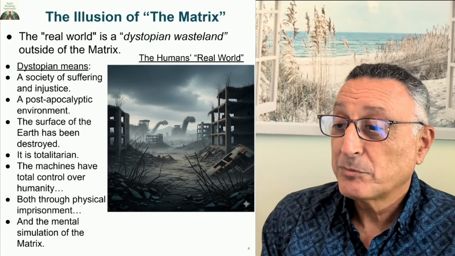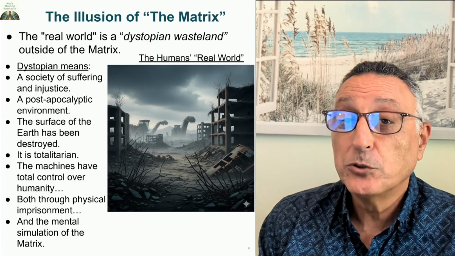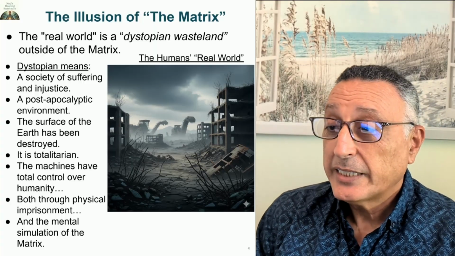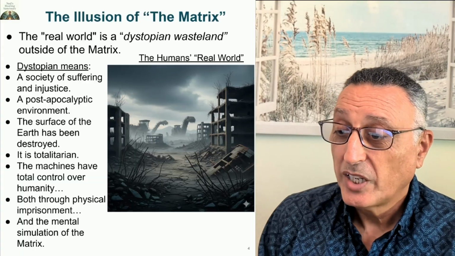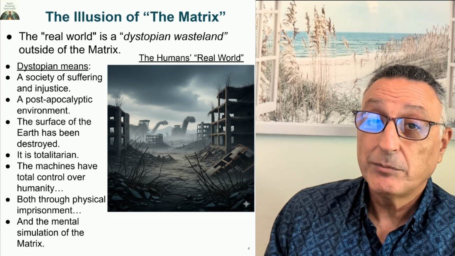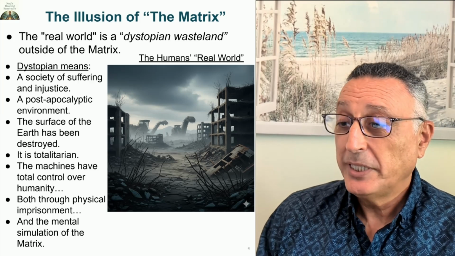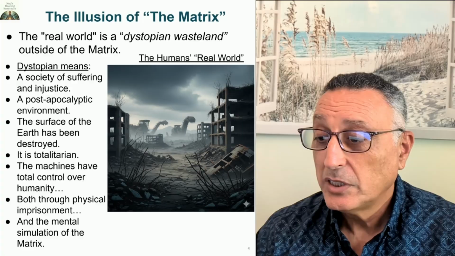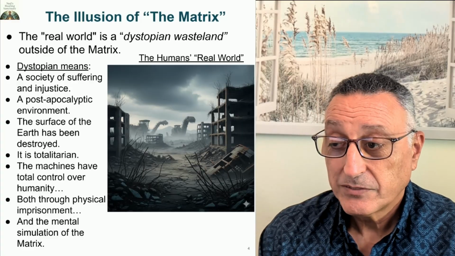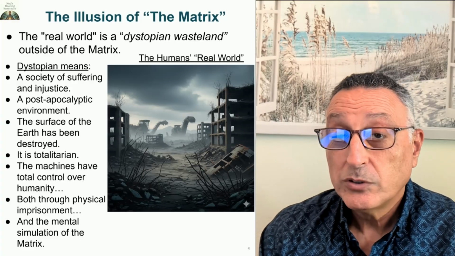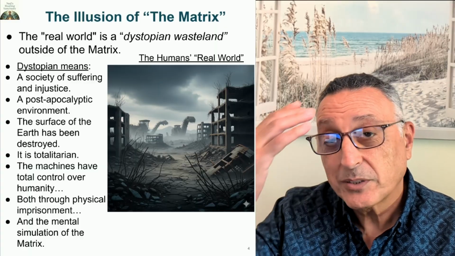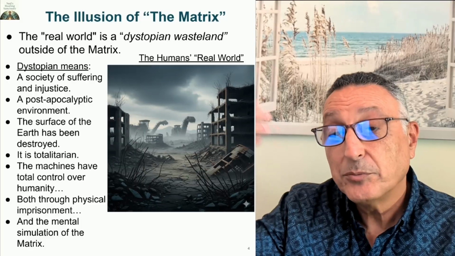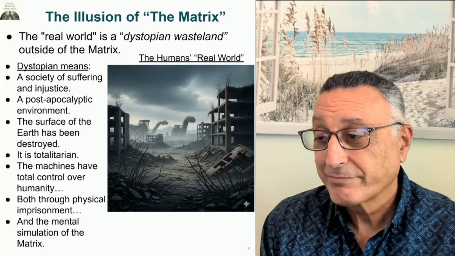And it's post-apocalyptic, meaning after a nuclear war, and the surface of their planet has been destroyed. The regime that's ruling them is totalitarian, meaning the machines have control over humanity, physical control, through the physical imprisonment in the incubators and mental imprisonment through the simulation of their reality.